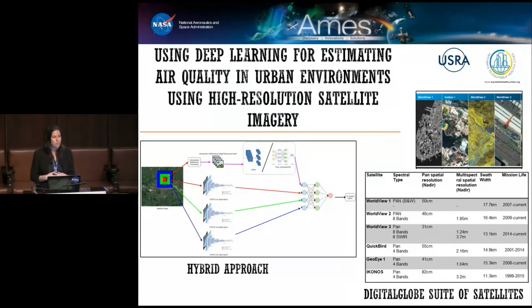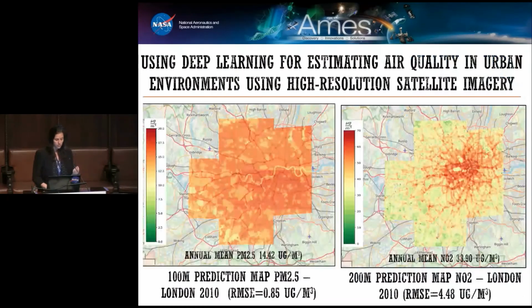For that, we used a deep learning approach, and we're looking at a hybrid approach that takes 2 different branches into account. One is an object classification branch, and the second is a physics-based branch. And our results over London are promising. What you see here is our prediction maps on a 100 and 200 meter resolution, capturing for the NO2 the roads, for example, and you see the annual mean for each one, so our prediction errors are pretty low.